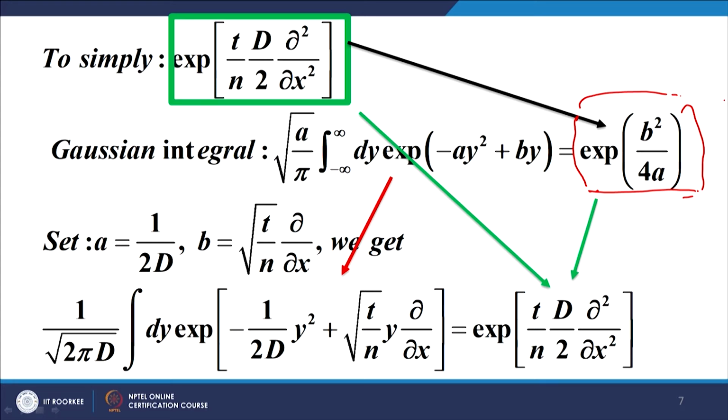So, equivalently we can say that the left hand expression must also represent the same thing with the substitutions a equal to 1 upon 2D, b equal to under root t upon n del by del x. So, we make the substitutions and we end up with the equation that is given at the bottom of your slide.